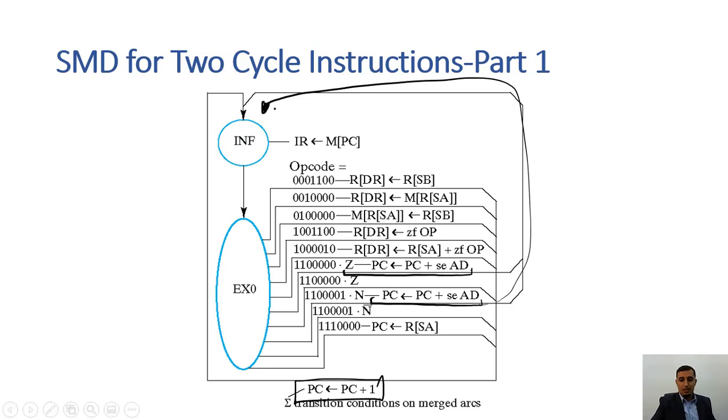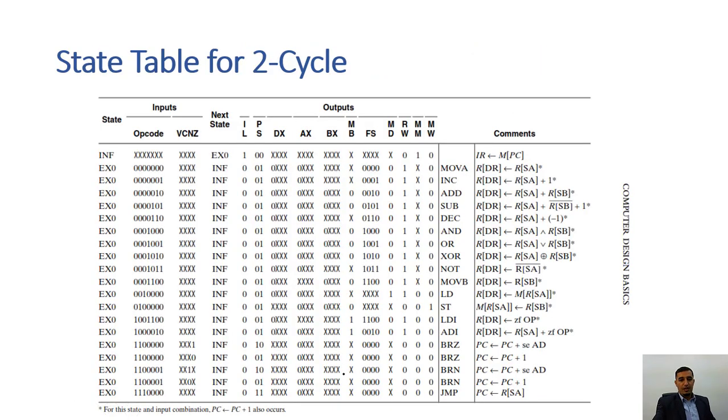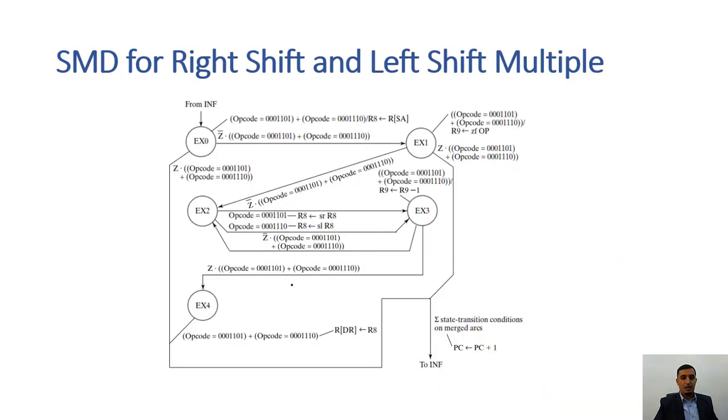Okay, so let's take an example. Before the example, this is the state table for all of these instructions. This is just to sum up all of these instructions. So let's take the shift right and shift left instructions. Our starting point is the instruction fetch over here.